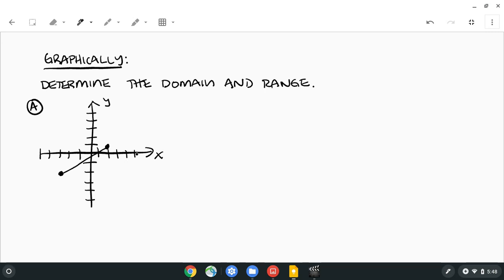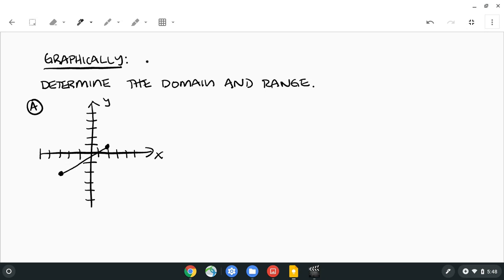Clearly over here, 5 is not being used, right? 5 is not being used to make this graph, right? Okay, so the x values that are being used, we start from the left, is this one right over here, right? All the way to this one over here.